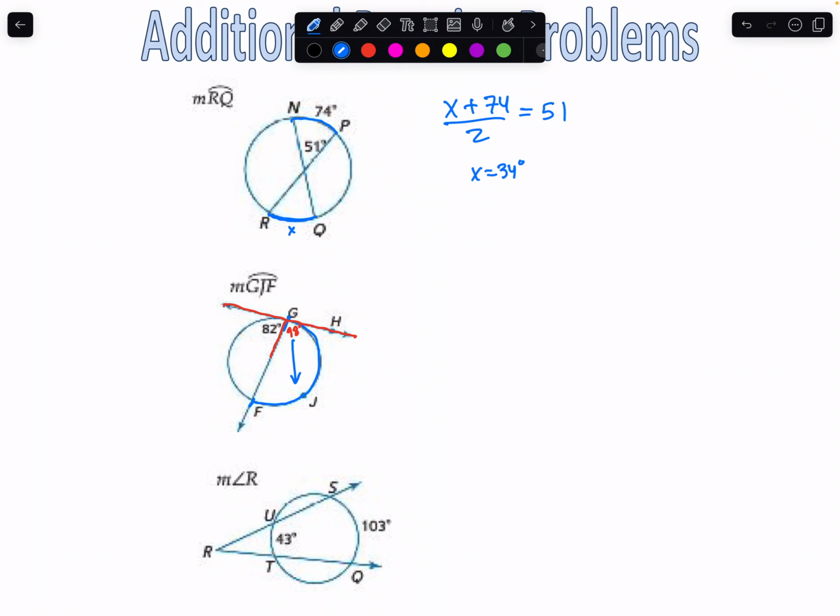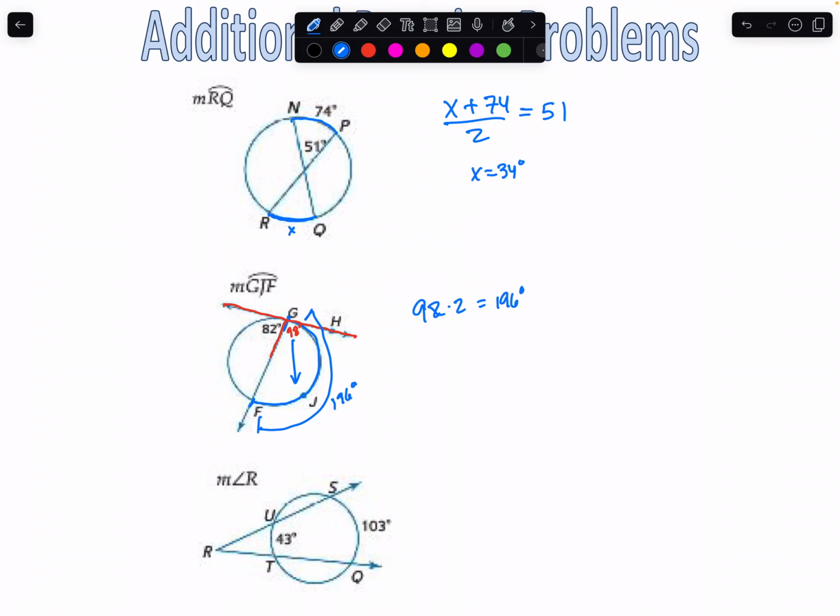When an angle lands on the circle, that angle is going to be multiplied by 2 to find the intercepted arc. 98 times 2 is going to give us 196 degrees. So from here to here is 196 degrees.